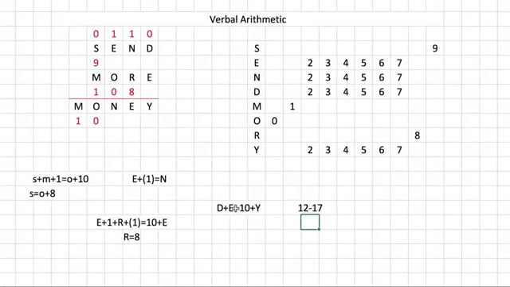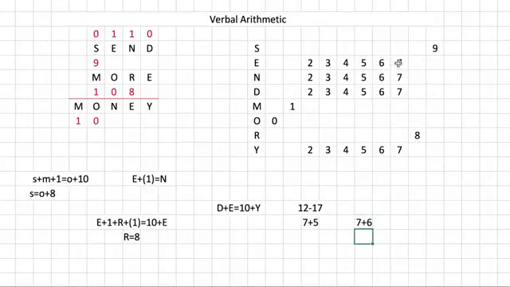So now when we see the maximum and minimum of D and E, how can we get a 12? We can get a 12 by 7 plus 5. And what can be the maximum here? That can be 14. Actually 13, right?